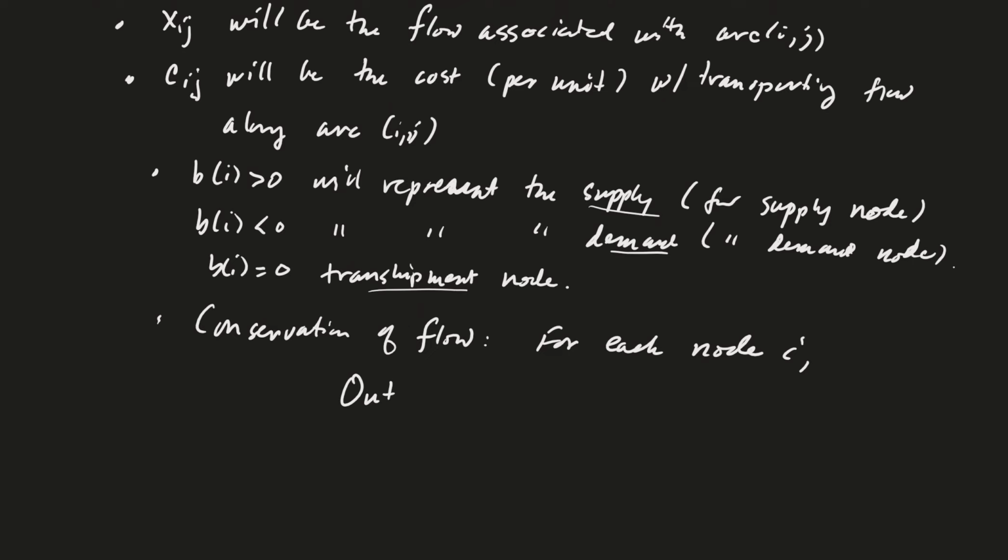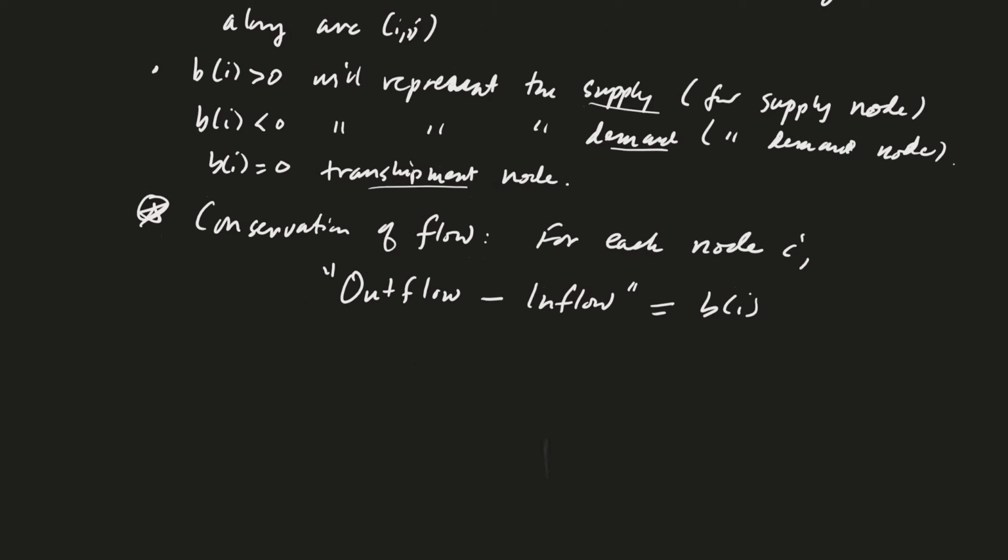We'll say that outflow minus inflow is equal to Bi. This is basically how we're setting up our linear program.